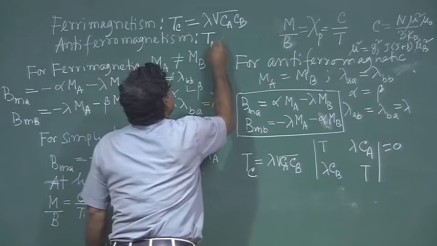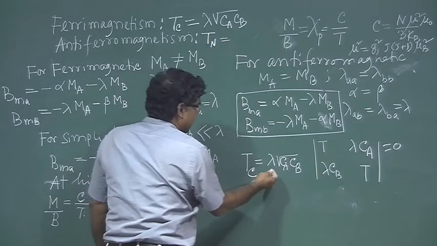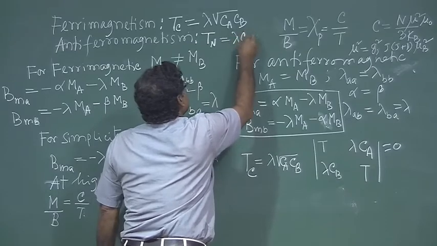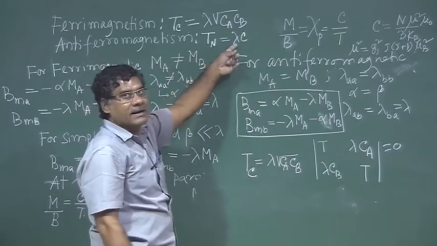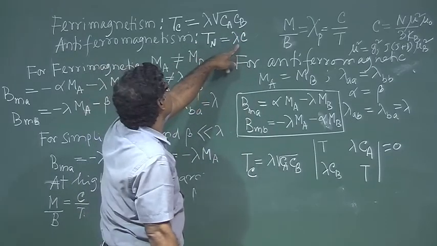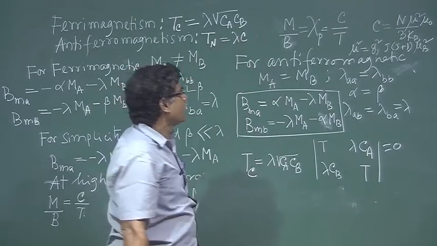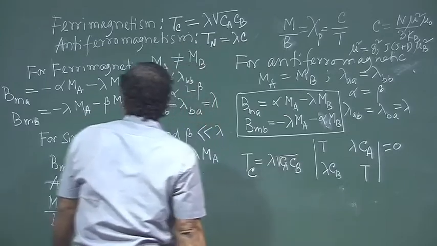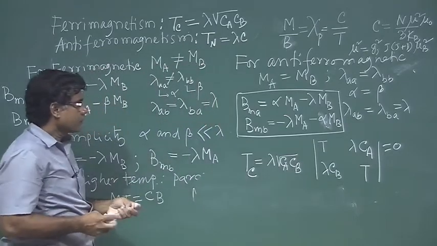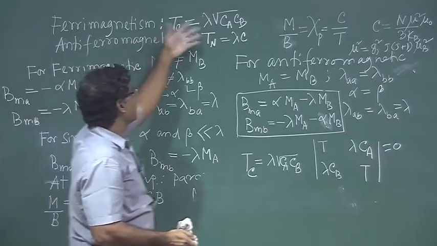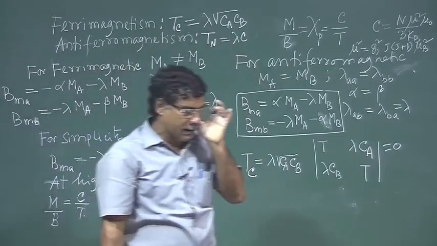So, T_N will be equal to lambda C. Okay. So, it depends on the exchange interaction constant as well as the Curie constant, right. So, for both cases we are able to find out the transition temperature.